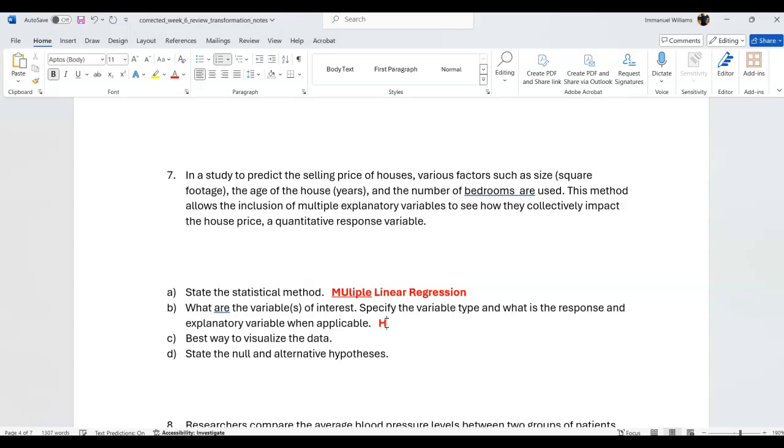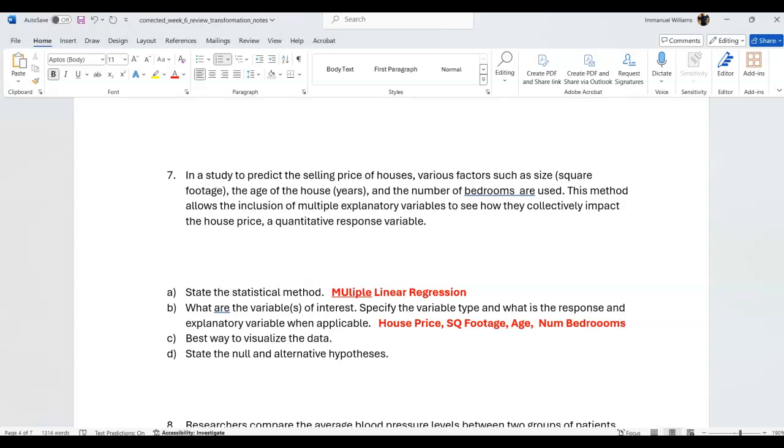Okay, we have house price. Then we have square footage. I'm just going to put it like that so I can move along. Square footage, age, and number of bedrooms.